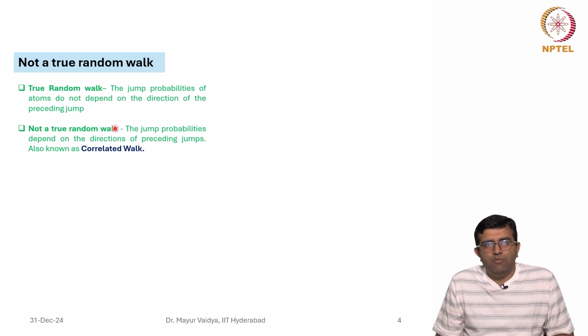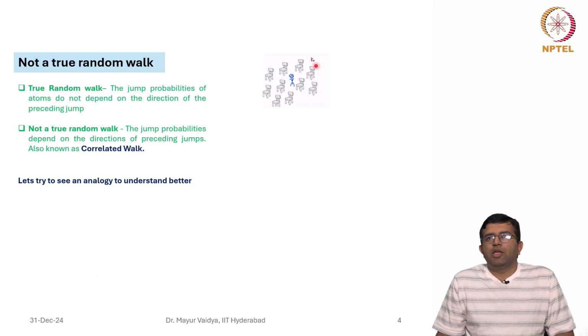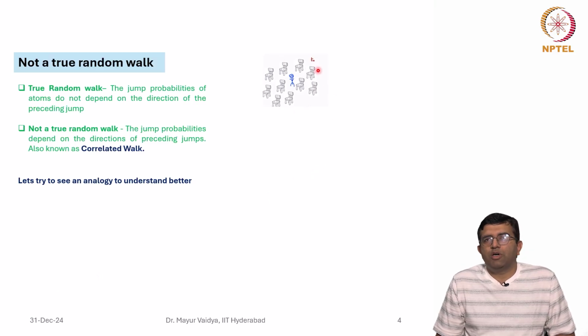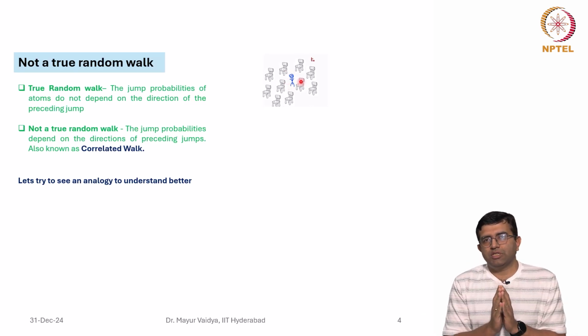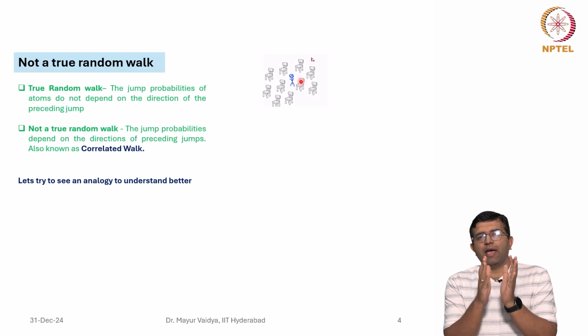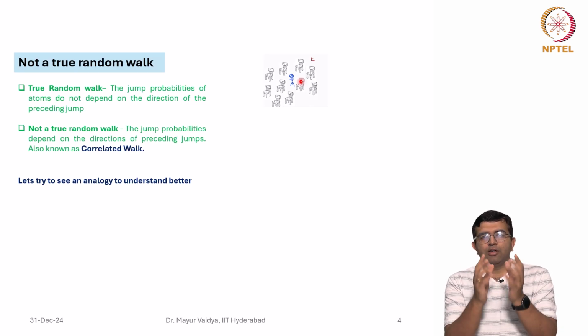Let me try to give you an analogy to understand this slightly better. Suppose you have a room full of chairs at an instant, and a person enters this room, and the only task given to this person is to occupy as many times the vacant chairs as possible in a unit time.